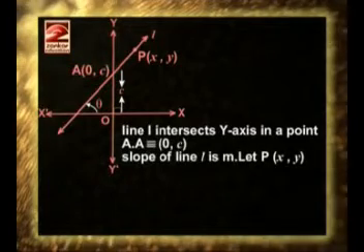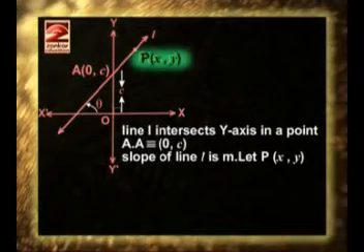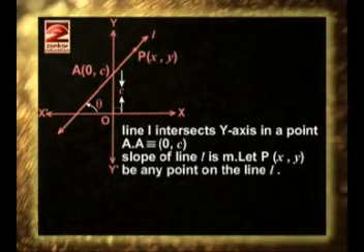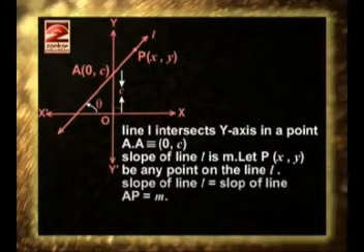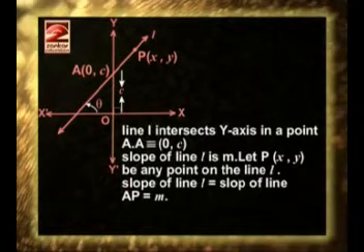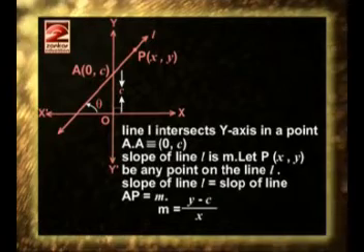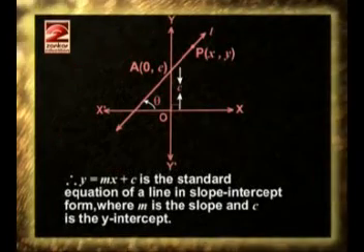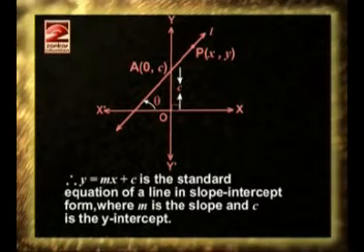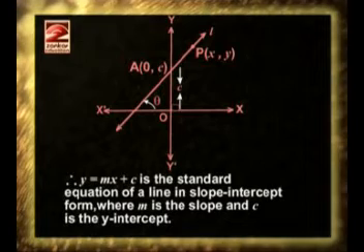Now the slope of the line L is m, and let P(x, y) be any point on the line L. So the slope of line L means slope of line AP is equal to m, and m = (y - c)/x, and therefore y = mx + c is the standard equation of a line in slope-intercept form, where m is the slope and c is the y-intercept.